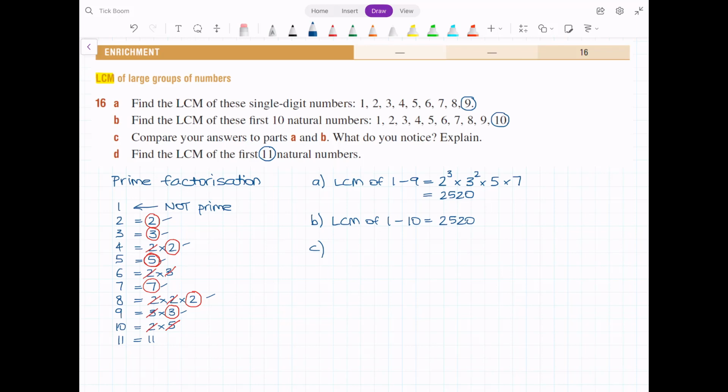And that leads us to part C, which wants us to compare our answers to part A and B, because the answers are the same. And it's easy enough to see why in terms of the mechanics of our prime factorization technique.